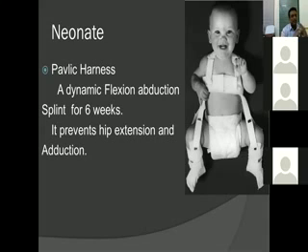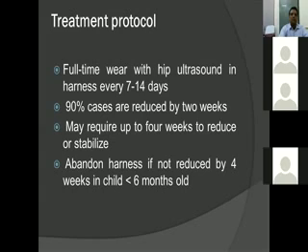This helps in concentric pressure on the growing acetabulum, and helps in the remodeling of the acetabulum to become normal. The harness has to be used full time, 24/7, for at least 2 weeks. 90% of the cases will get reduced by 2 weeks, and it requires continuous wear for at least 4 to 6 weeks.